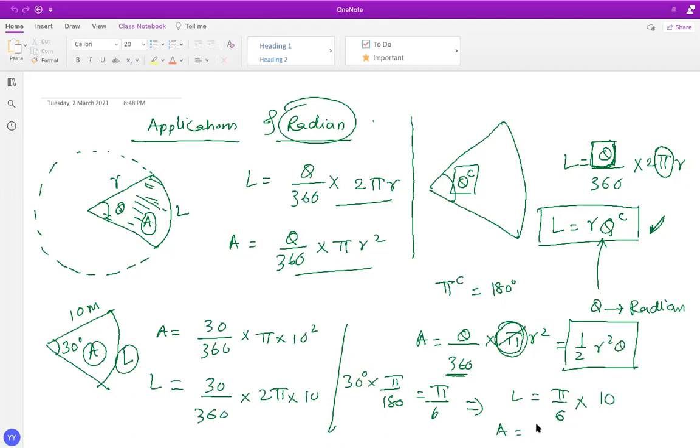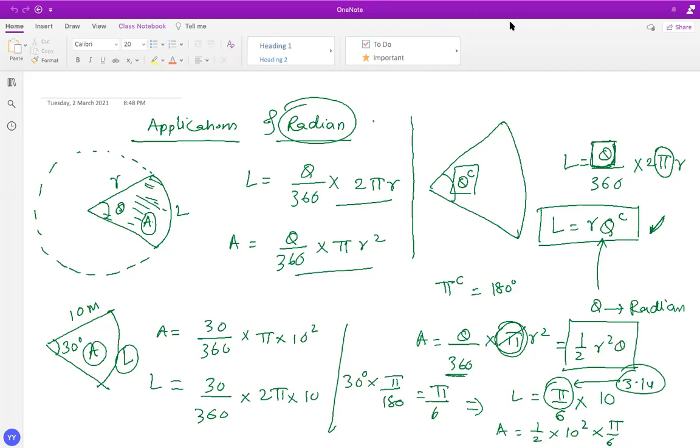And the area is half times r squared, which is 10 squared, times theta, which is pi over 6. You can put in these values. And remember, pi is 3.14, the usual value. Once you convert to radians, it is the same pi value that you use.